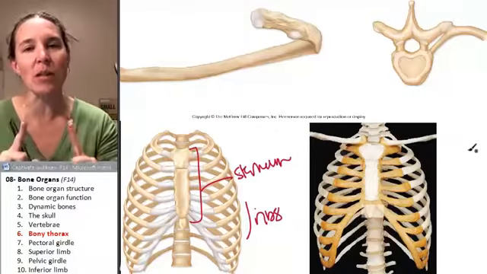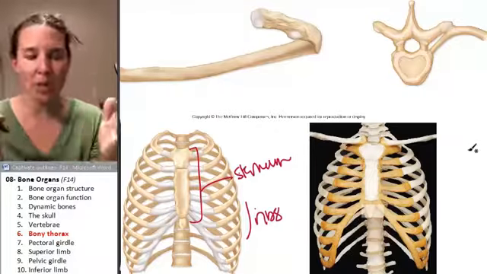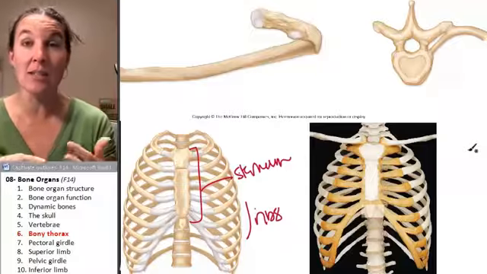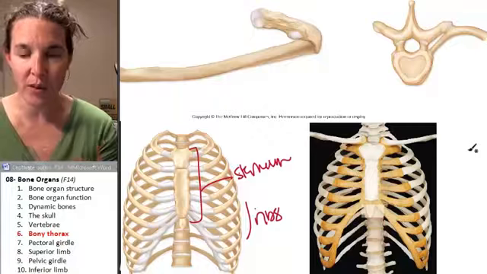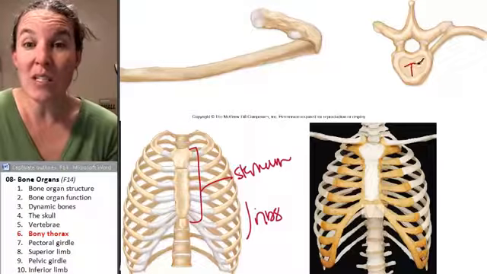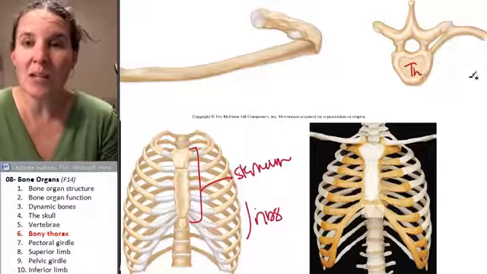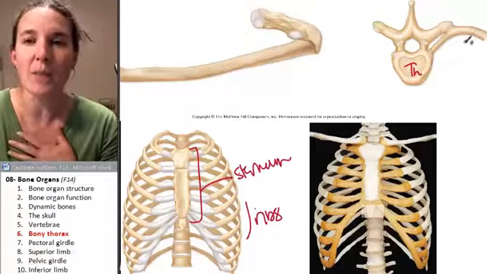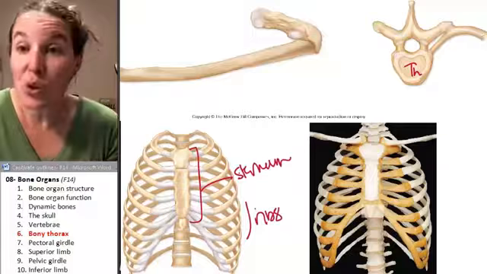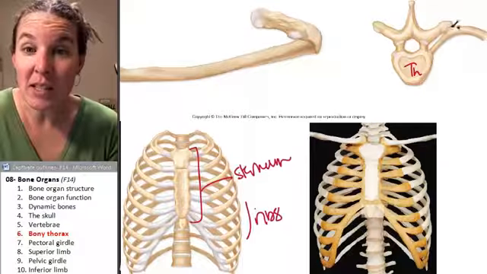And this is where I wanted to show you a picture so that you could visualize the unique features on the thoracic vertebra. We know this is a thoracic vertebra because there's a rib attached to it, articulating with this vertebra. We have two places where the ribs articulate.